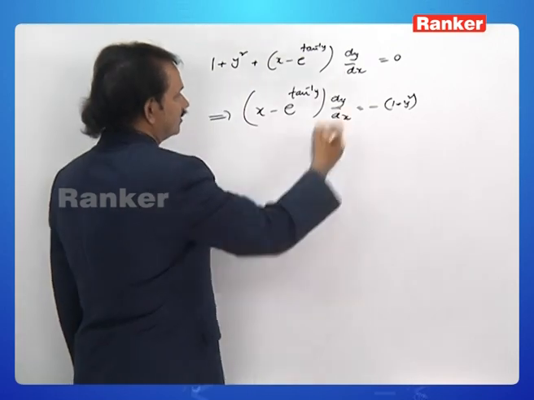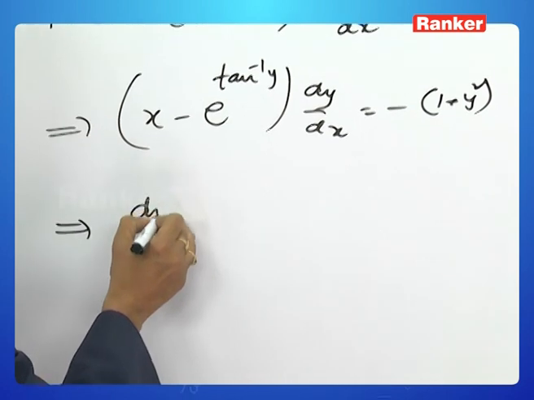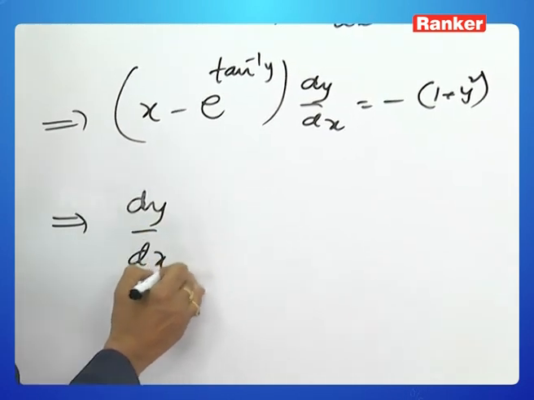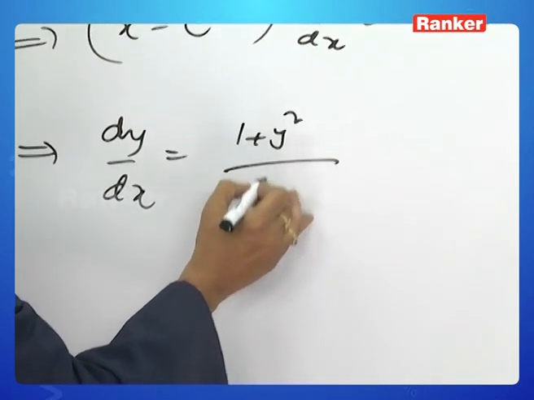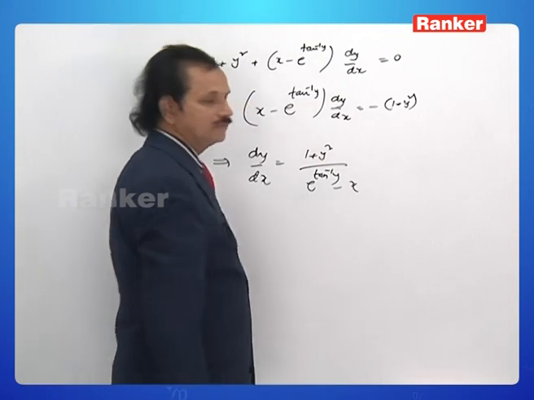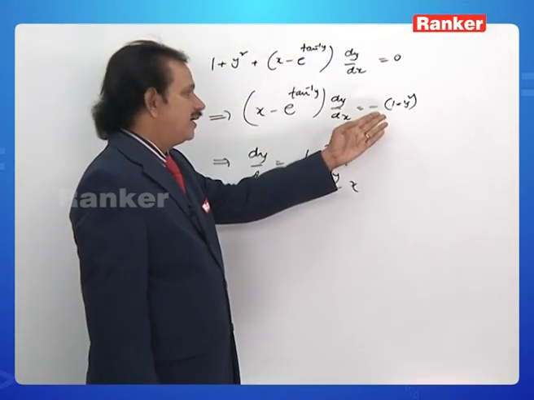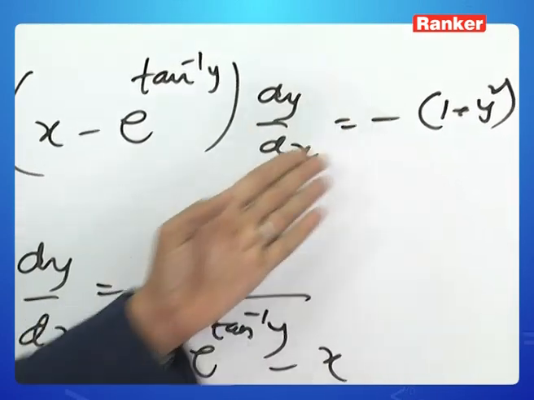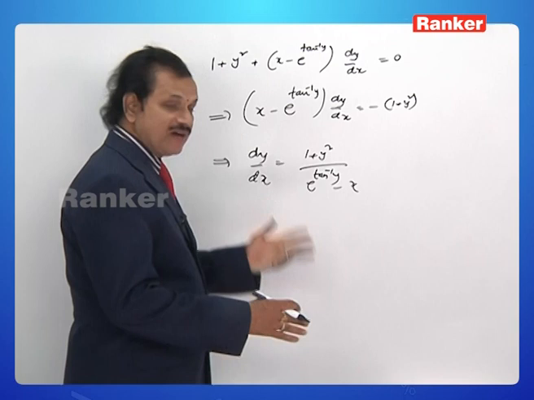I have sent this 1 plus y square to that side. Thereby, you can easily look at dy by dx is equal to 1 plus y square by e power tan inverse y minus x. I think you can understand this. I have sent this here, and I could have made use of this minus symbol to just revert this. This is dy by dx.